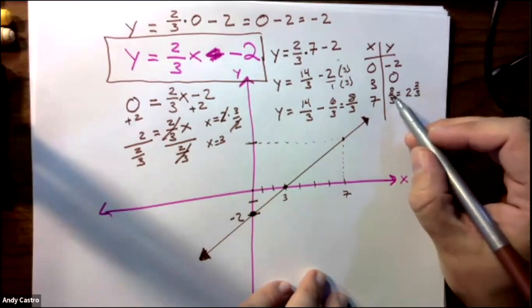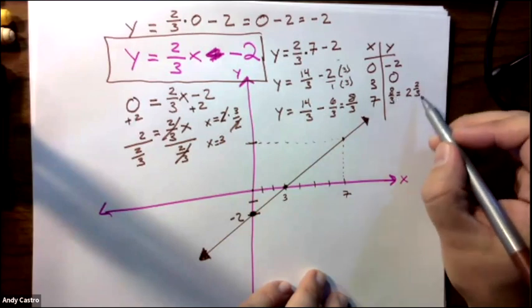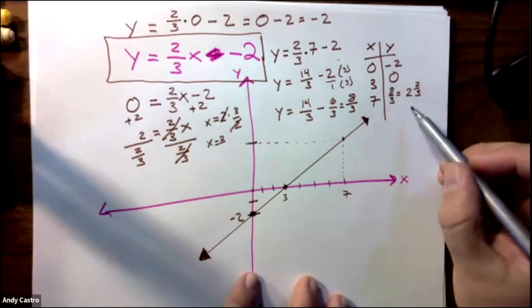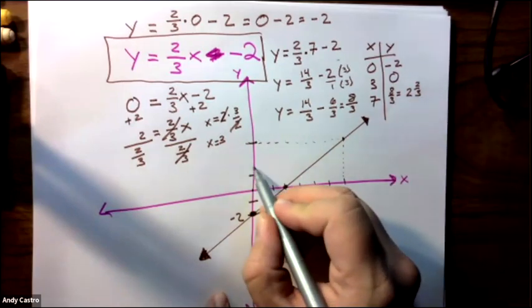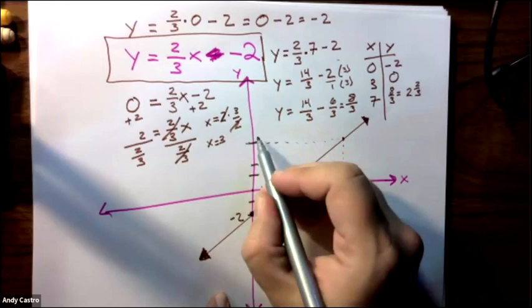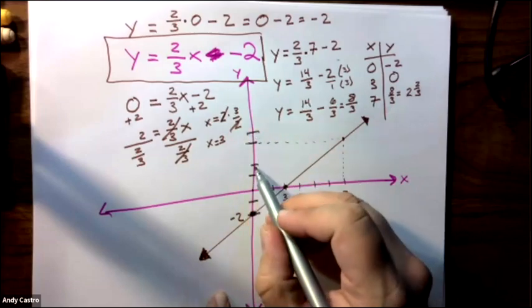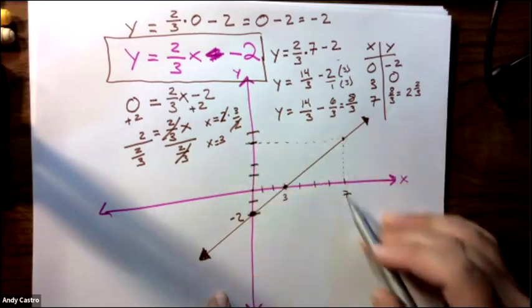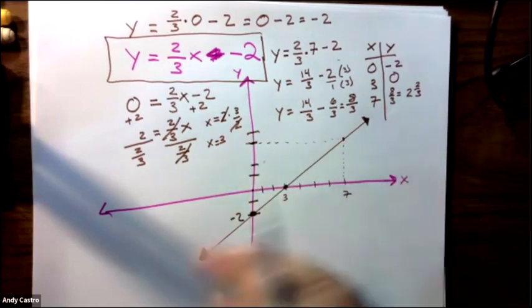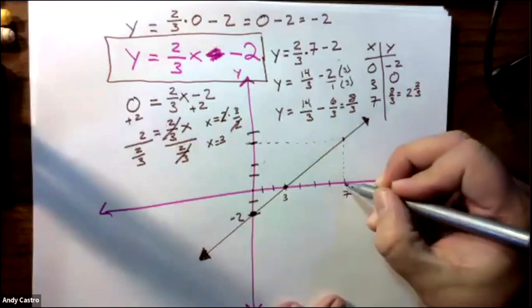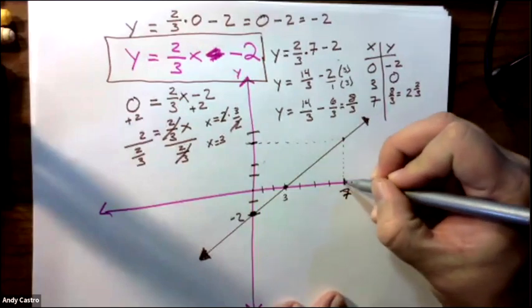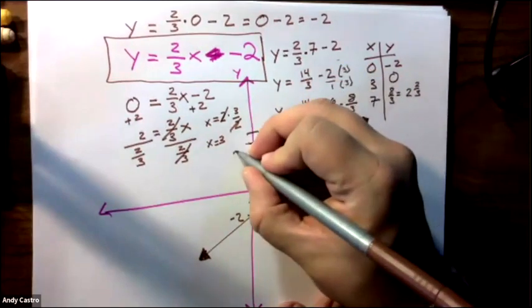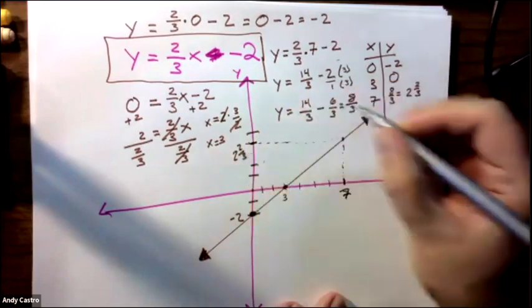So 6/3 gives me 2, and then I have 2 more thirds. So 2 and 2/3. So here would be 1, 2. 3 would be up here, so 2, and this would be 2/3. Obviously, the way I'm drawing it is not accurate. If we were on graph paper, it would be accurate. But here's your 7, and then over here would be 2 and 2/3.